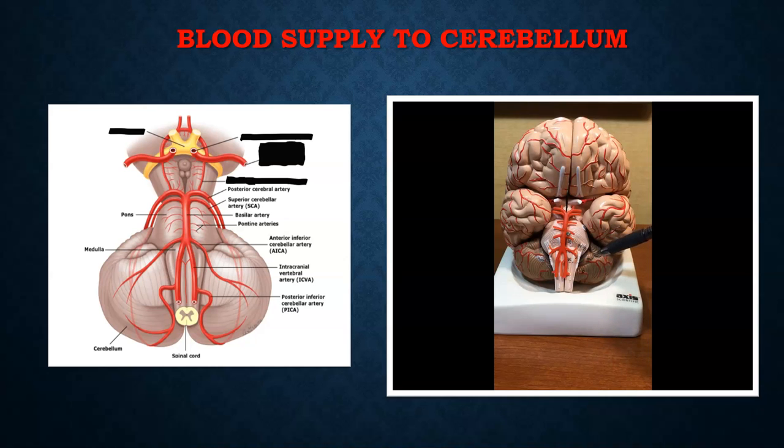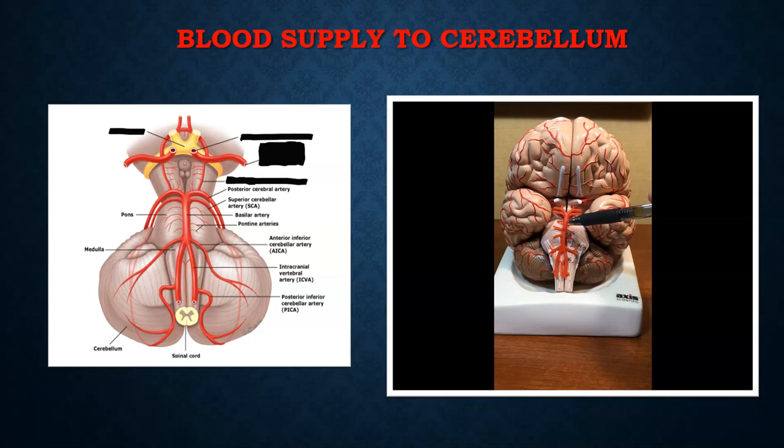We call it AICA. This is also supplying blood to a little bit of the inferior part of the pons. So PICA, AICA, and as we go up, the basilar artery.